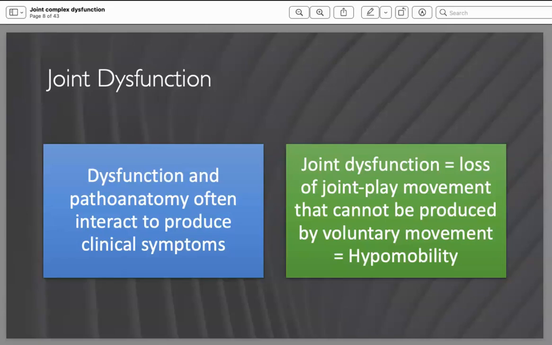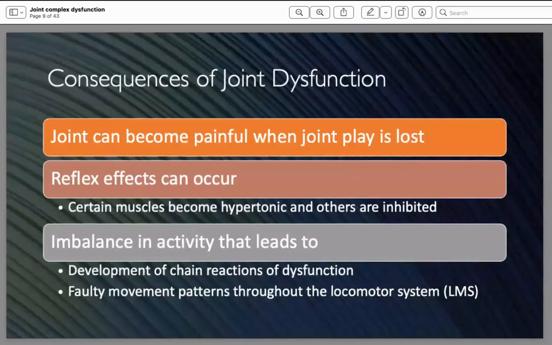It's giving us a restriction. Because we have that loss of joint play, it cannot be produced by voluntary movement. So if I have a right rotation restriction of T4 on T5, that also means when I go through voluntary movement, I can't make it occur, right? So loss of joint play that cannot be produced by voluntary movement.